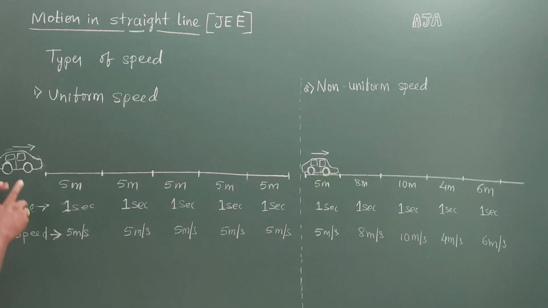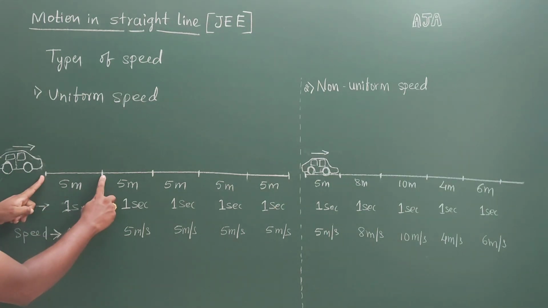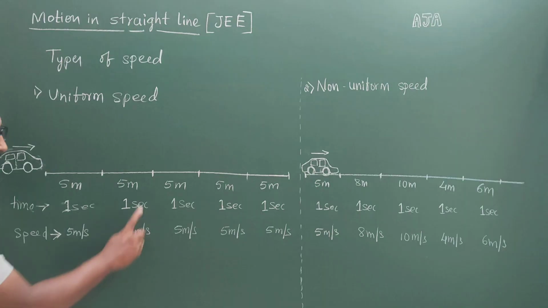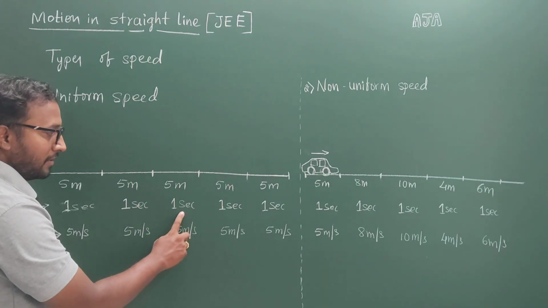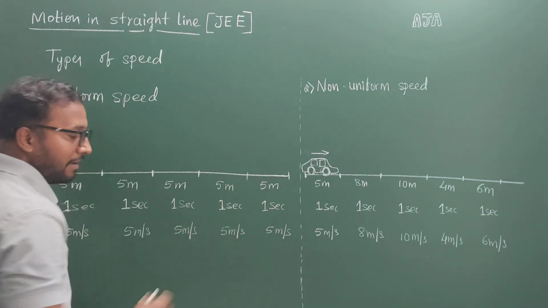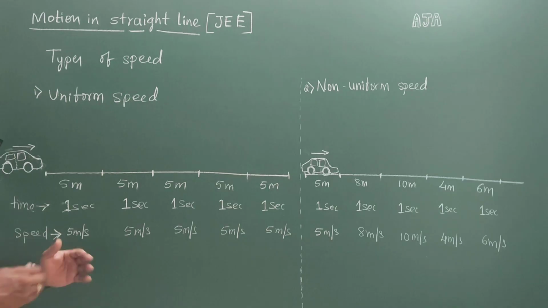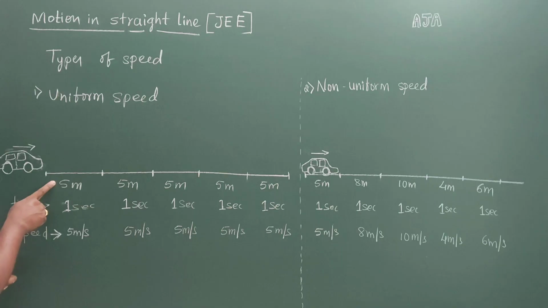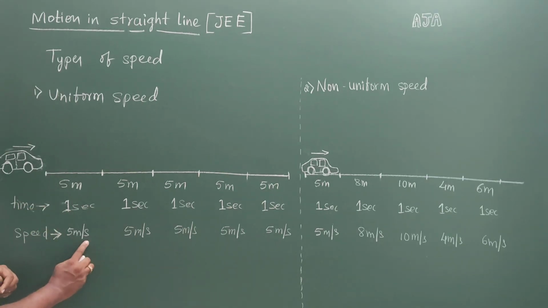Now assume that the car covers this 5 meters in 1 second, the next 5 meters in the next 1 second, and so on, 5 meters in every 1 second. Then how do we calculate the speed? Speed is 5 meters per second.